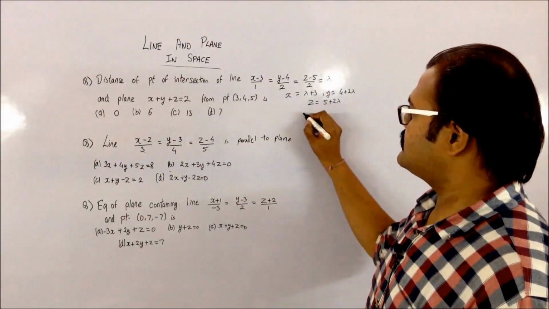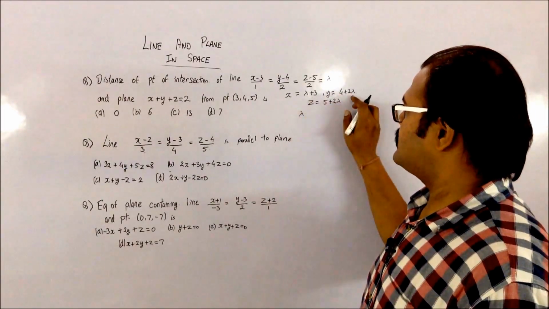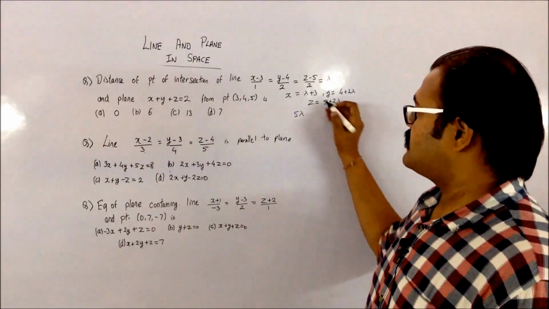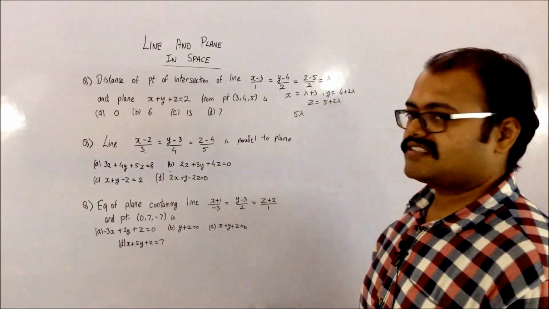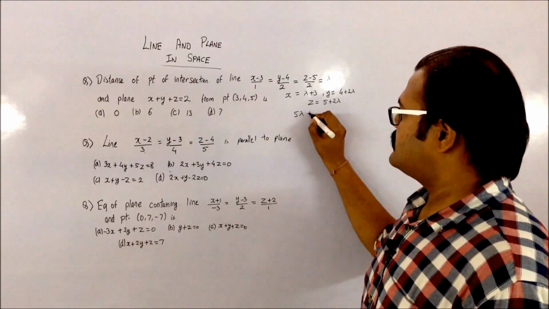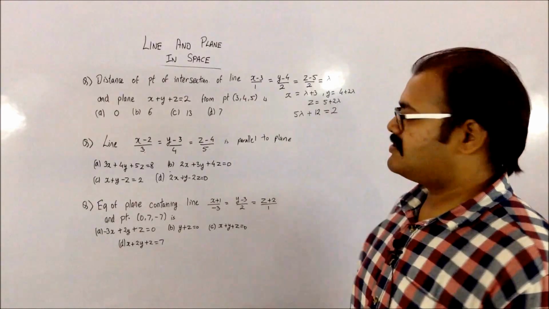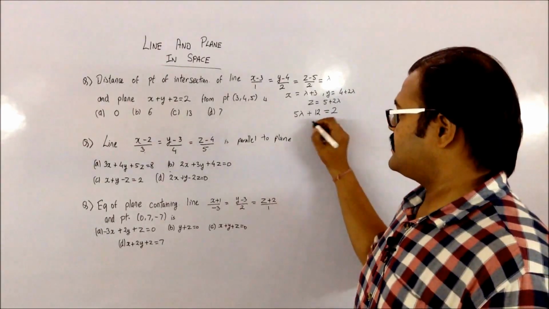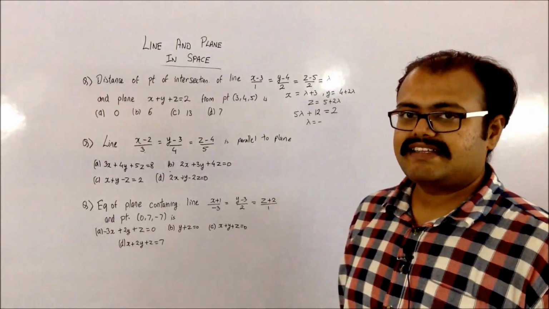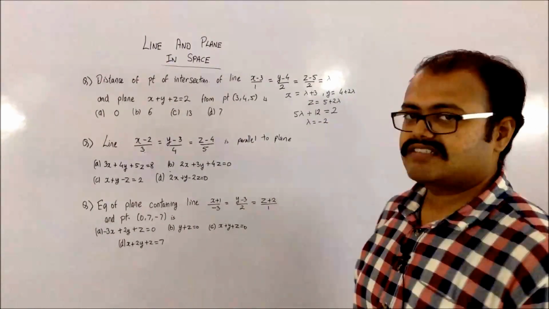So the lambdas will be lambda plus 2 lambda plus 2 lambda, so that's going to be 5 lambda, and then the constant terms, the addition of which is 3 plus 4 plus 5, which is equal to 12. This thing will be equal to 2. So we'll be getting the lambda value as minus 10 by 5, which is minus 2.